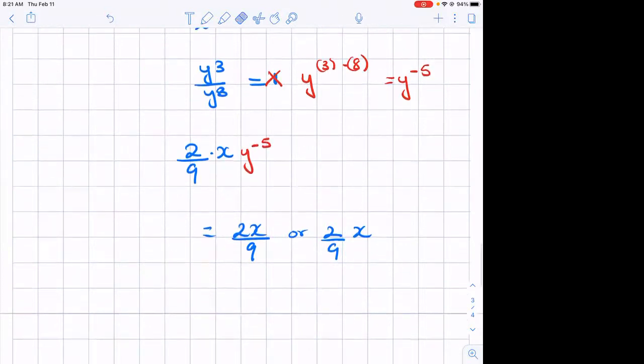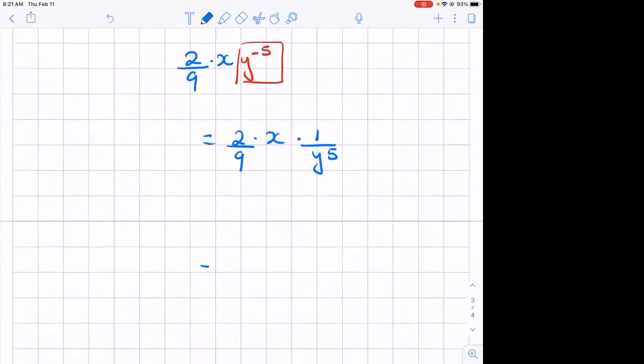And now, remember y to the minus 5th can be rewritten. So we have 2 over 9 times x, times 1 over y to the positive 5. And if we multiply this out, we have 2x over 9y to the 5th.